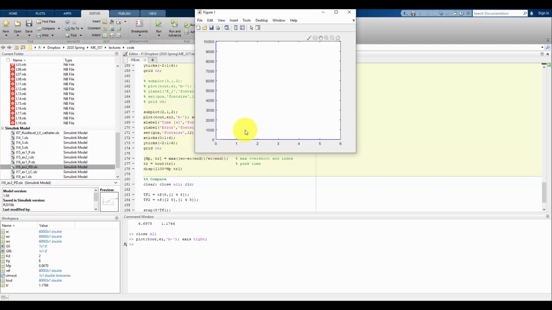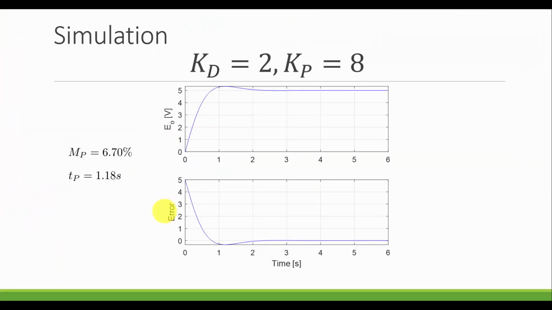If it was a voltage, it would definitely burn it out if we were really requesting 10,000 volts immediately. But we can see what the performance of the system looks like if we had this perfect PD controller able to be implemented. So for the comparison here, I'll use that perfect infinite allowable input, and we see that the system performs with an overshoot of 6.7% and a peak time of 1.18 seconds.